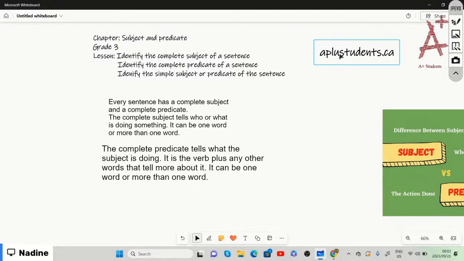Once we've chosen grade 4, you're going to scroll down until you get to the chapter of subject and predicate. So then you select subject and predicate as the chapter, grade 4.